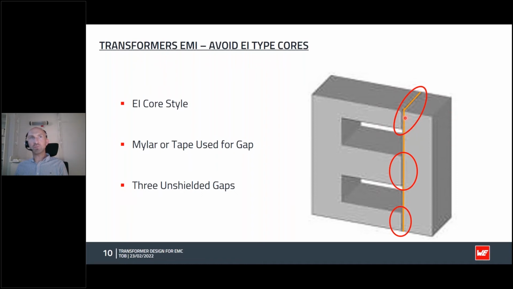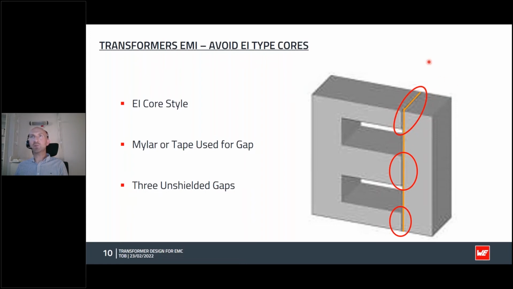We usually put some tape, mylar tape, or some plastic tape of a certain thickness in between or attached to the I leg, and so this makes up actually 3 discrete air gaps, and that's how we do the air gap with this type of core. Now the problem with this is, as you can see, that this air gap is actually on the external surface of the transformer.